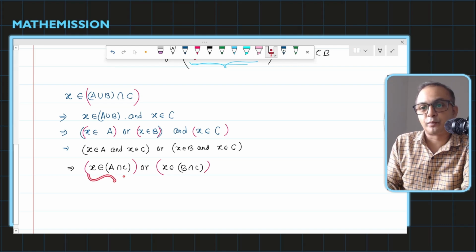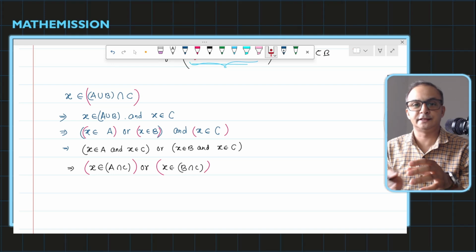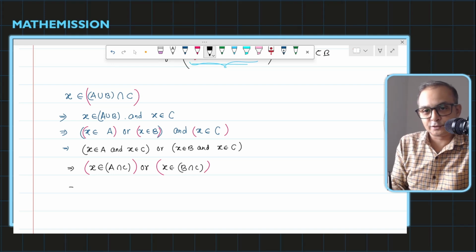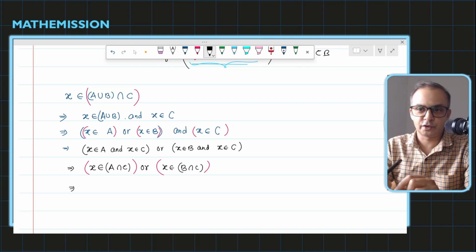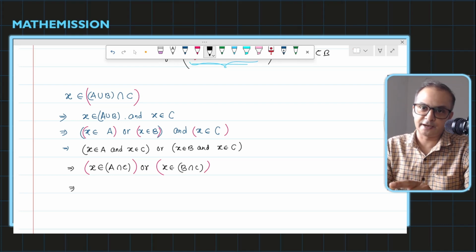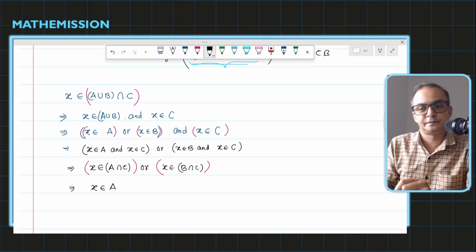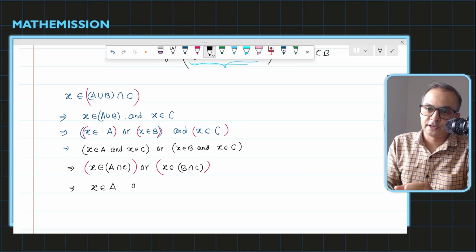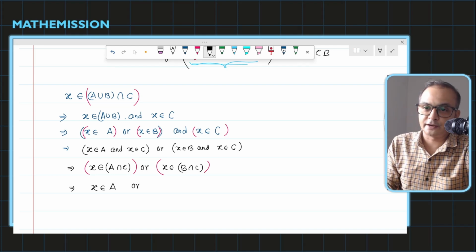Now since I have to prove, it means I can modify our statement logically in that direction. So this thing is what? x belongs to A intersection C. What is the meaning of that? If x belongs to A intersection C, it means x must be inside A, correct? And x must be inside C as well. It means if I just write x belongs to A only here, is also valid because already you have taken x inside B intersection C, so it is already gone there. So I can write x belongs to A or x belongs to B intersection C.